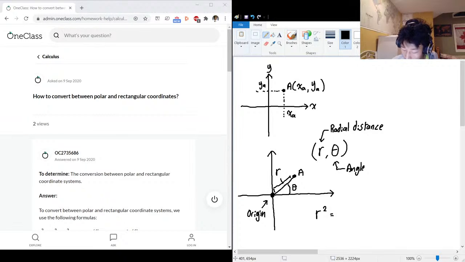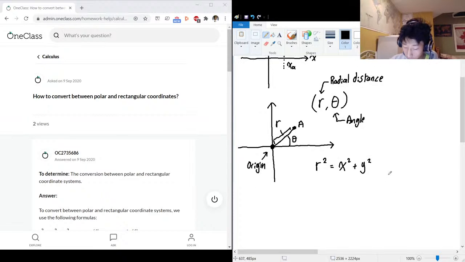So this would be x squared plus y squared. Let's isolate for r on its own. So without the r squared part, we can just say that r is equal to the square root of x squared plus y squared. Cool. Now, should we worry about plus minus?